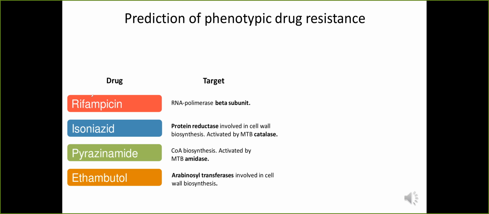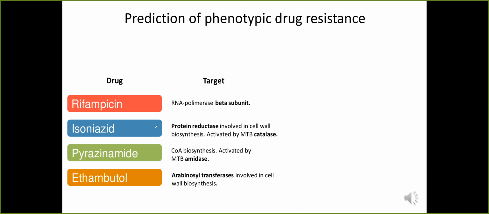So, for example, we know that rifampicin targets the RNA polymerase beta subunit, precluding the RNA polymerase to work properly. Isoniazid is a prodrug, so it needs to be first activated by the catalase of Mycobacterium tuberculosis, and then its active form targets the protein reductase that is involved in the cell wall biosynthesis.